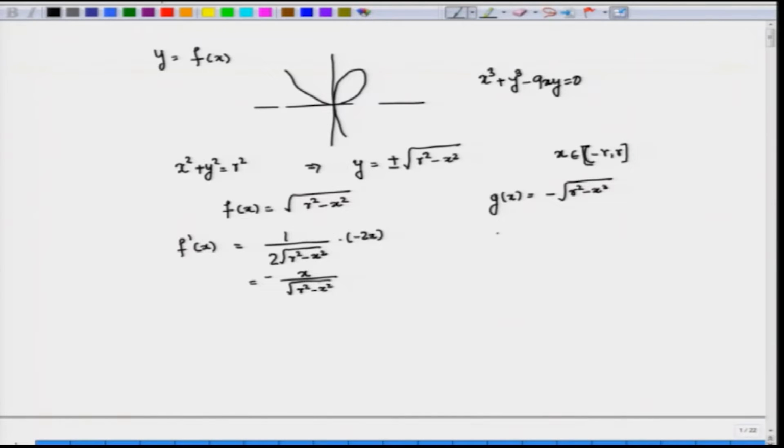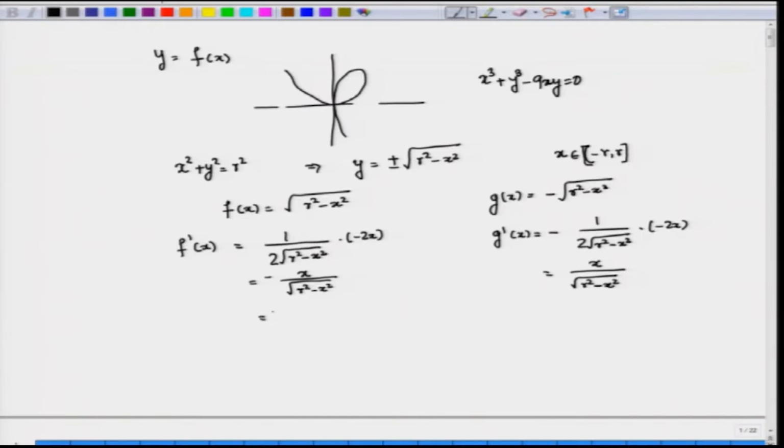Similarly, g prime of x is again going to be minus 1 by 2 square root of r square minus x square into minus 2x, which is equal to x by square root of r square minus x square.